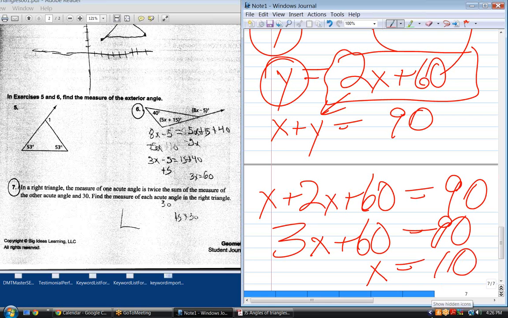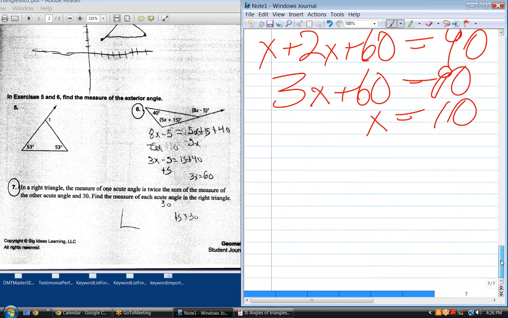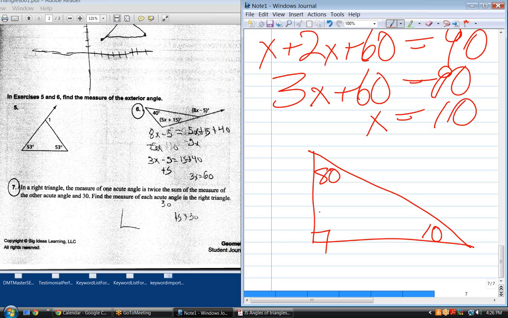So, the answer to our question then is we had a right triangle. We just solved for this angle, which we said is 10. And the other angle is twice 10 plus 30. Well, 10 plus 30 is 40. Twice that is 80.